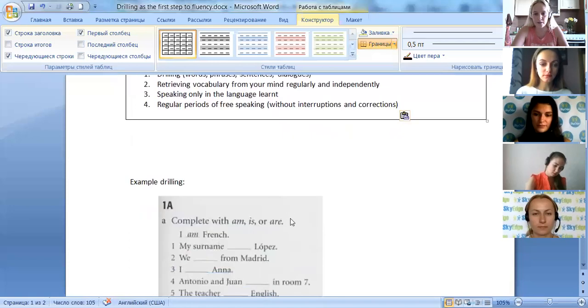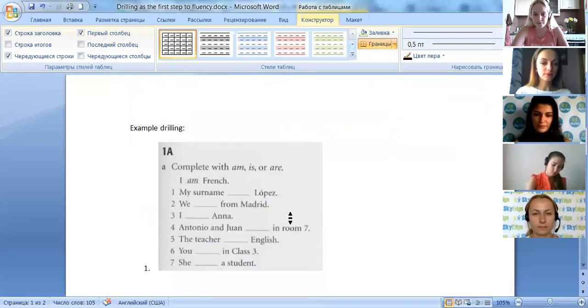Okay. Here's a very difficult exercise. Elementary level, the very first lesson in the book. Please look at it and complete the sentences with am, is, or are. So we should do this exercise or what?